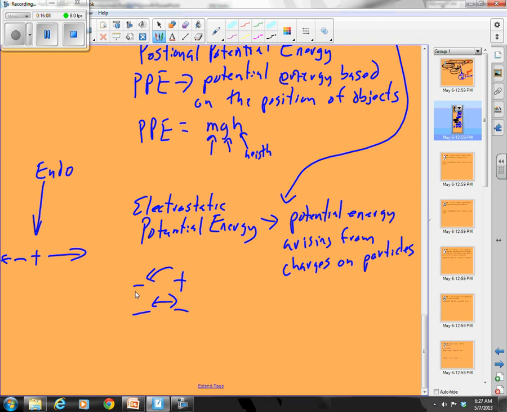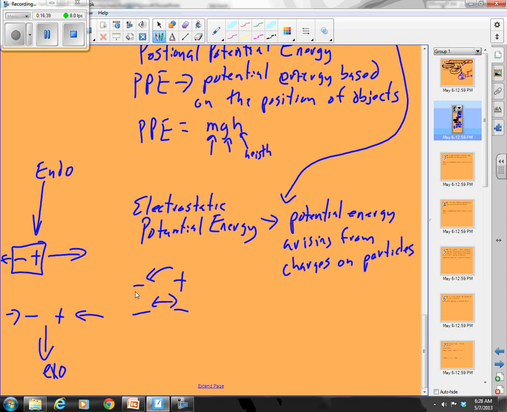When I break a bond, I have to put energy into it. Why is that? Because there is a potential related to that positive and negative. Just as I bring a negative and a positive together, what happens? Energy is released because there is a potential energy associated with them being separated. And as I bring them together, my potential energy decreases and energy from them is released.